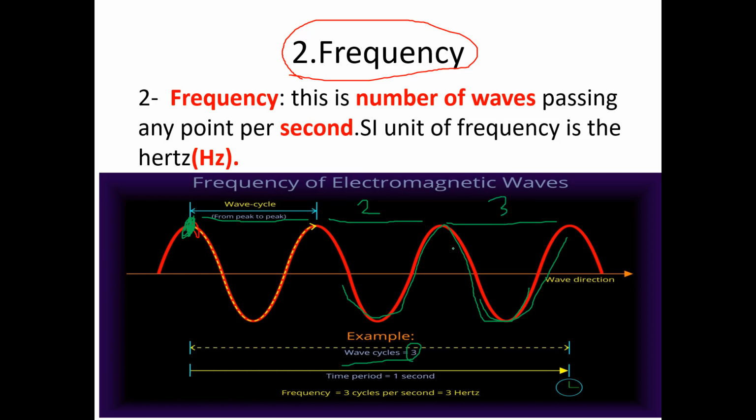So how many waves passed during 1 second? 1, 2, 3. So the frequency here will be 3 cycles, or 3 waves during 1 second. So the frequency here is equal to 3 hertz, or 3 Hz.